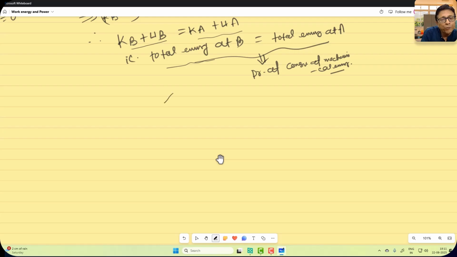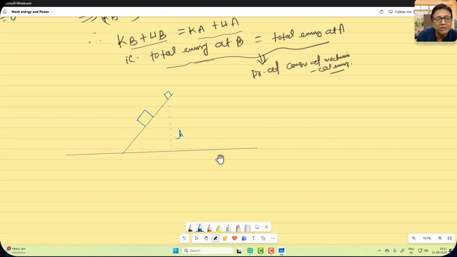When an object is falling along an inclined plane, suppose the object is taken at height h above the ground. We want to prove that if it is allowed to fall, obviously because this is frictionless, no friction is there, external force is absent.